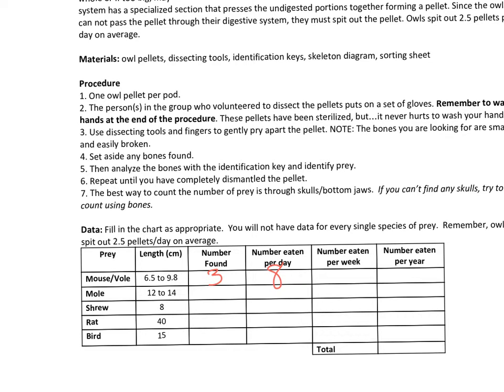So that would be 56. And then the organisms eaten per year is 2,920. So we can do the 2,920 there for my owl.